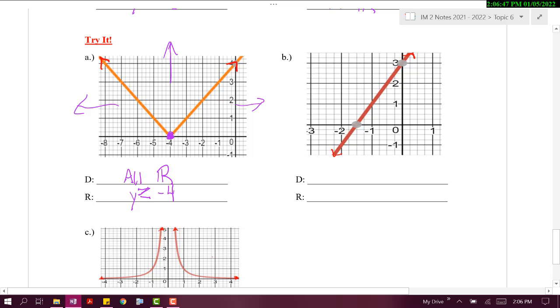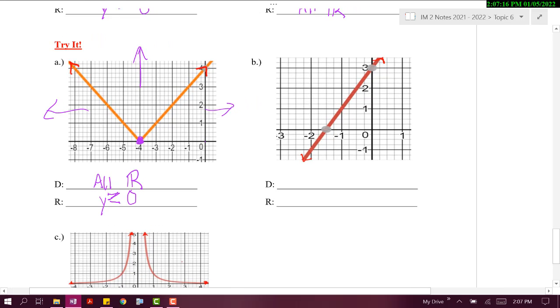Hold on a second. Yeah, it's not -4. It should be 0 because that's the y value. So y can be anything, including 0 and up.